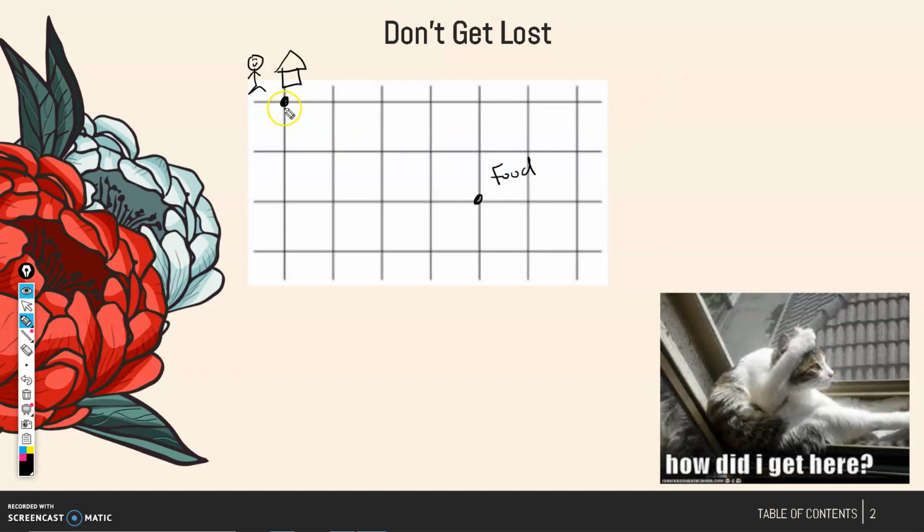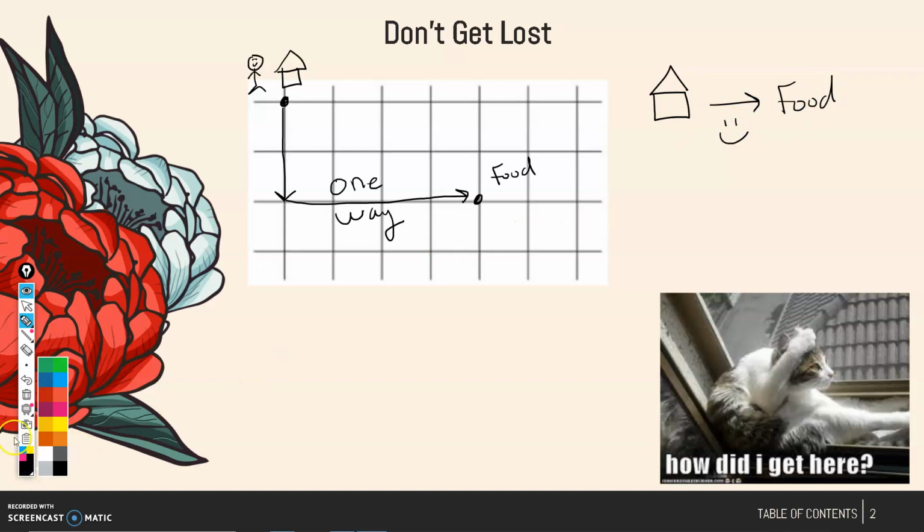So for Juan to get from his house to food, he goes down, and then he goes to the right. However, this street that he just took was a one-way. So he is still able to get from his house to food, and he's still happy about that.